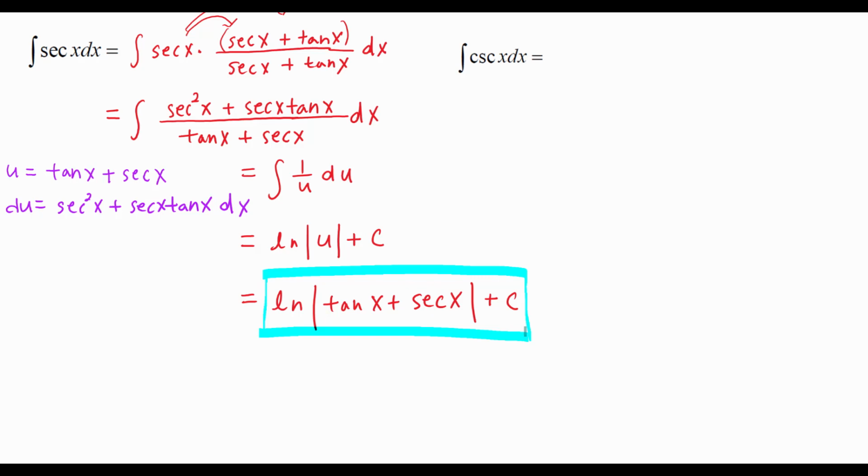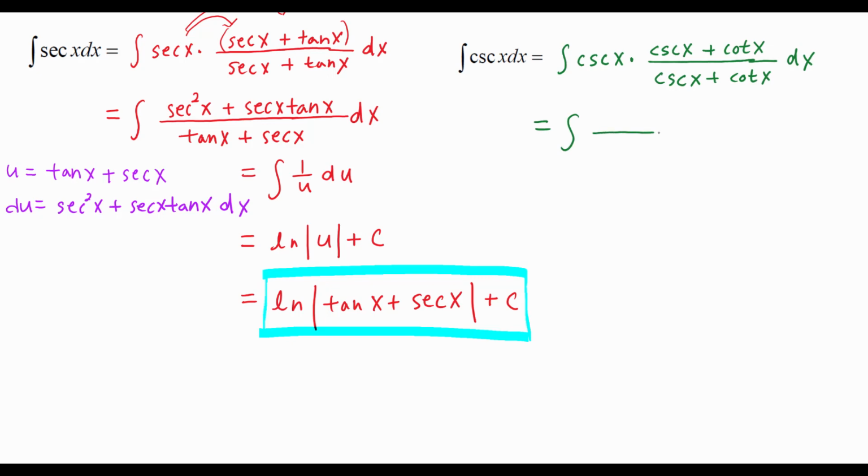Now you know how to do the integral of cosecant x dx. So let's go ahead and do that. It's very similar and you would know how to do that. What would it be? Integral of cosecant x dx. I'm going to multiply cosecant x by quantity 1. And of course, you're gonna multiply by cosecant x plus cotangent x over cosecant x plus cotangent x dx.